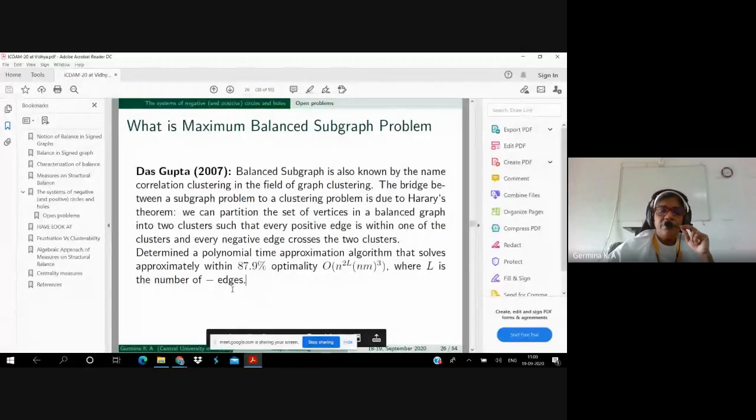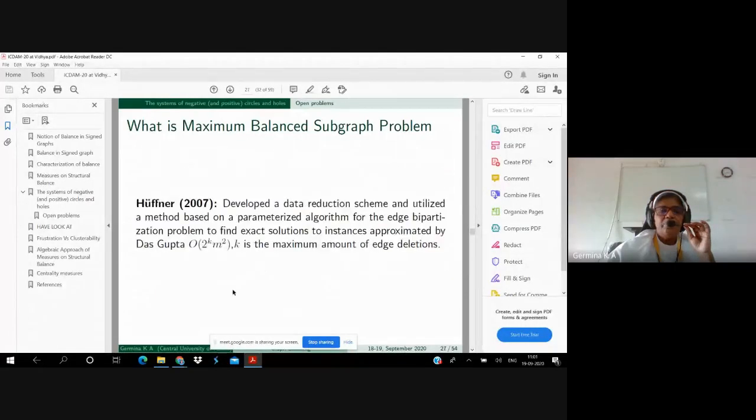Many software tools have been developed to divide a given social network into clusters. So in 2007, they developed a data reduction scheme and utilized a method based on a parameterized algorithm for the edge bipartition problem to find exact solutions to instances approximated by Dasgupta, of order 2 power k m squared, where k is the maximum number of edge deletions.